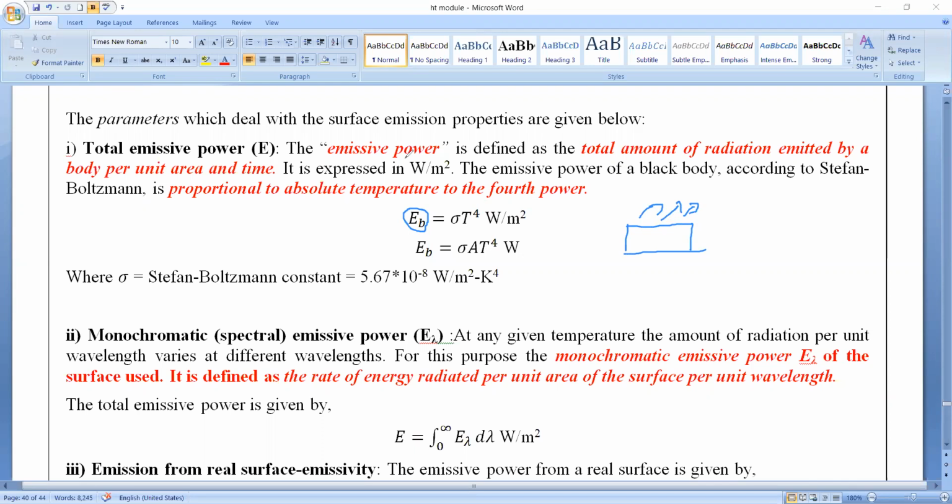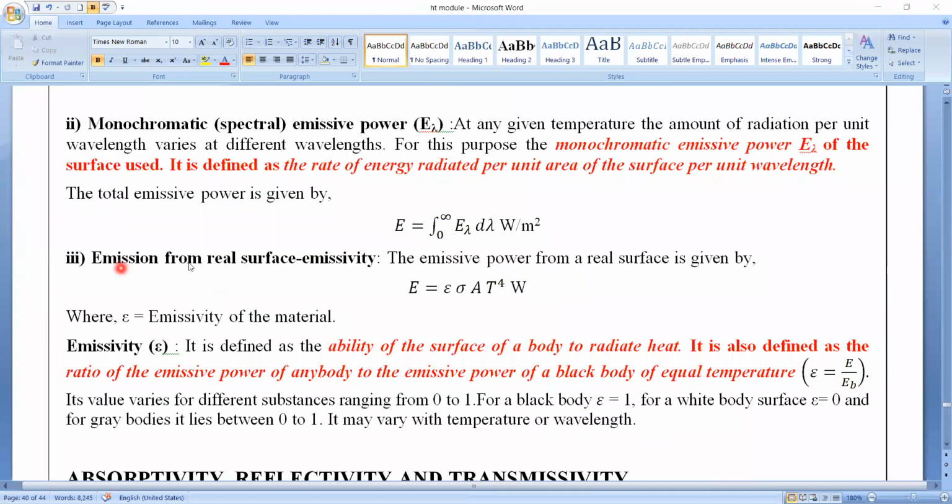Now, how to define the emissive power from the real surface? You can say real surface or colored surface, which is any surface except the black body.